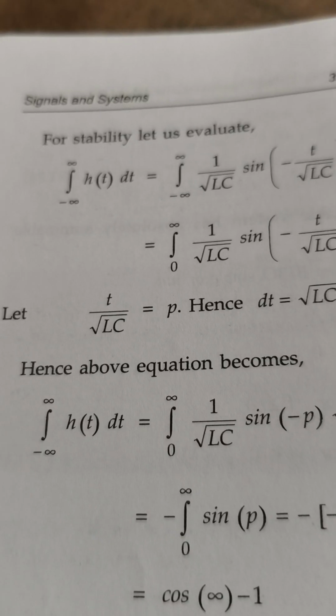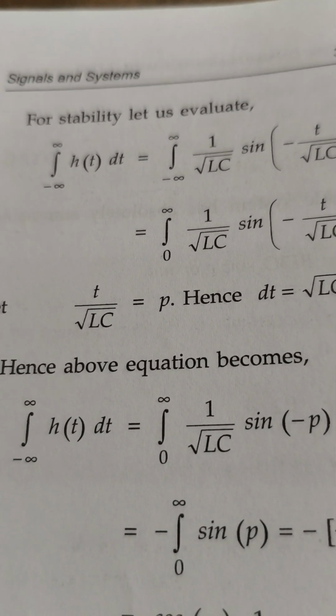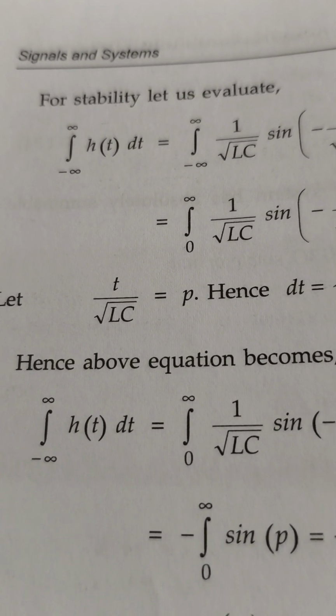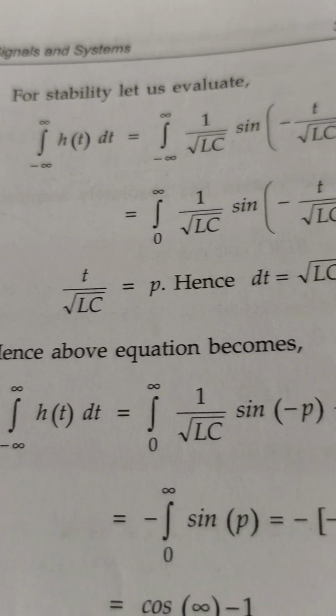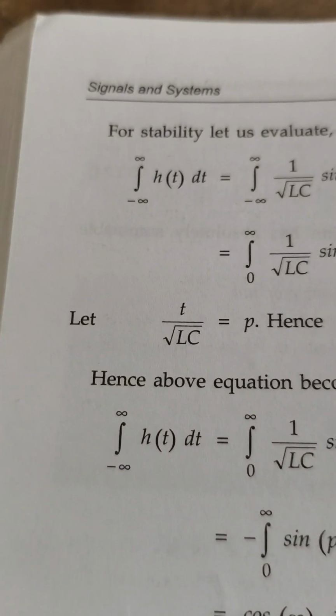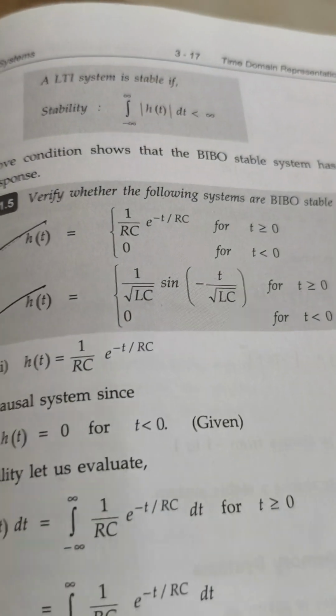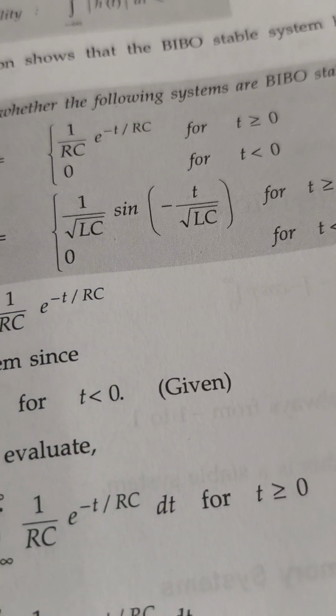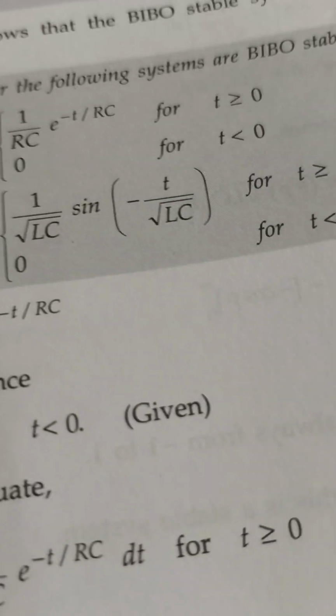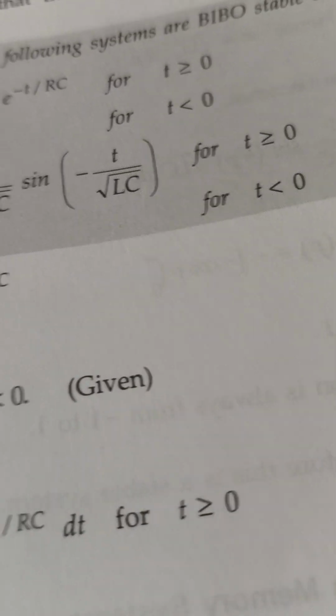Then such systems we can call a stable system. Now, what is the value of h of t? H of t equal to 1 by square root of LC sine of t by square root of LC, for t greater than or equal to 0.